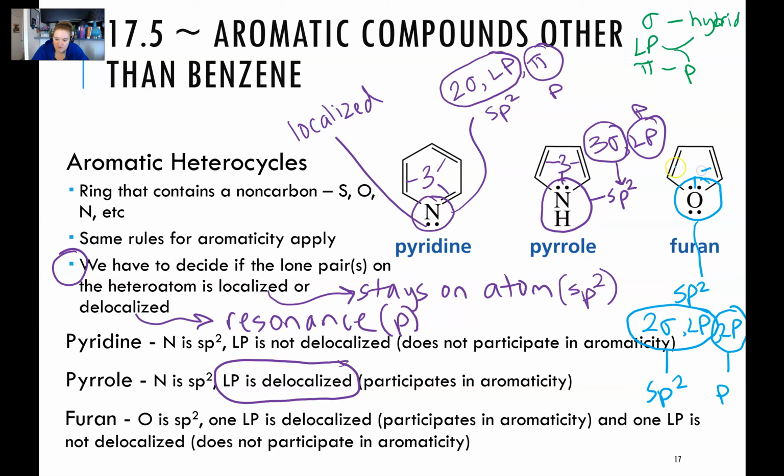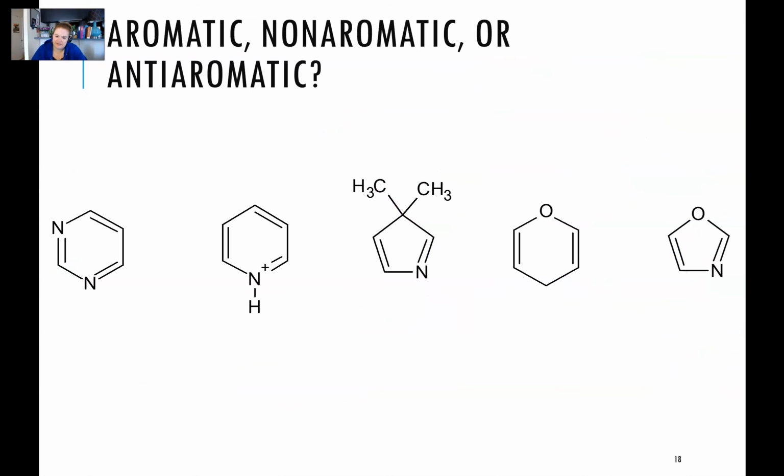So 1, 2, 3, it is going to fall into that aromatic category because it does have an odd number of pairs. So when we have more than one pair, we can label them as one of them localized, one of them delocalized. Let's practice this.